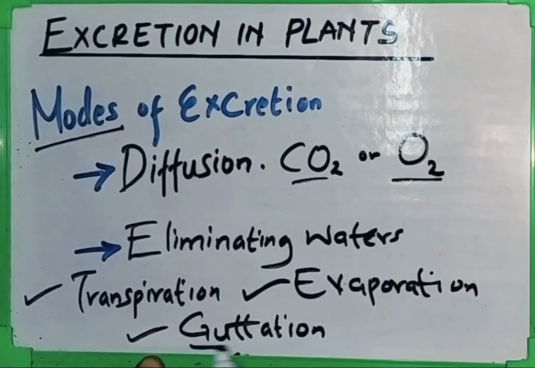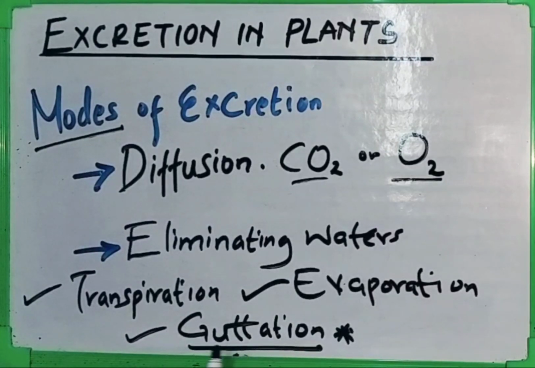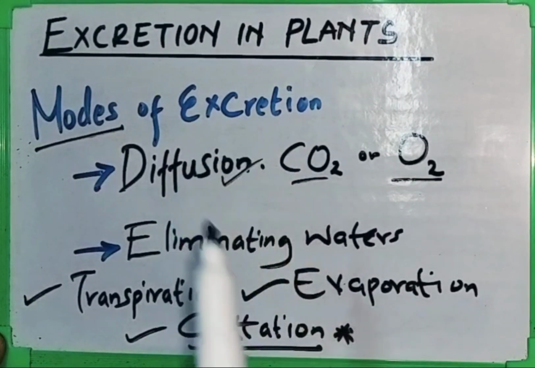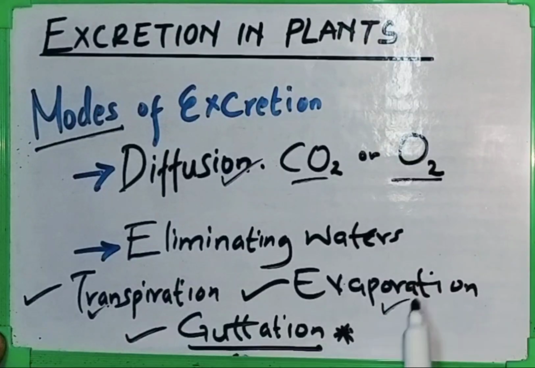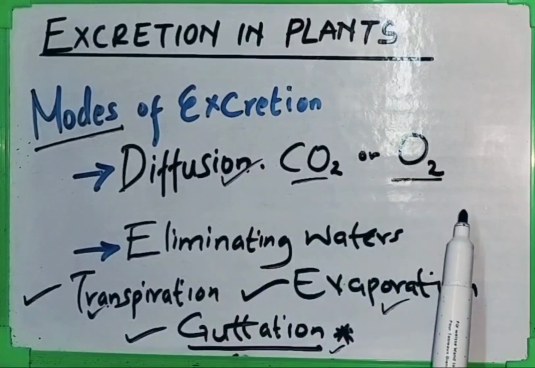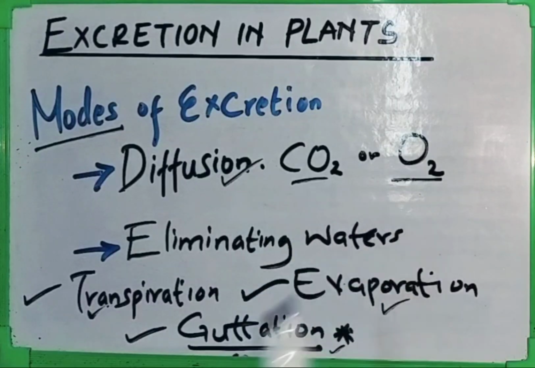I will draw your attention to guttation. Before we define it, we have diffusion, transpiration, evaporation, and guttation. But don't forget that diffusion is for gaseous wastes, and transpiration, evaporation, and guttation are for when you are eliminating water. What is guttation?